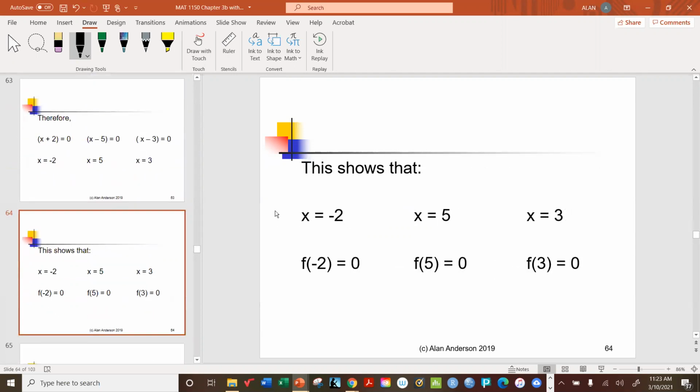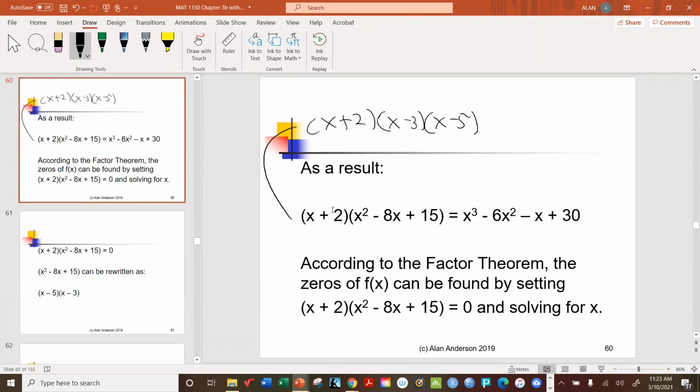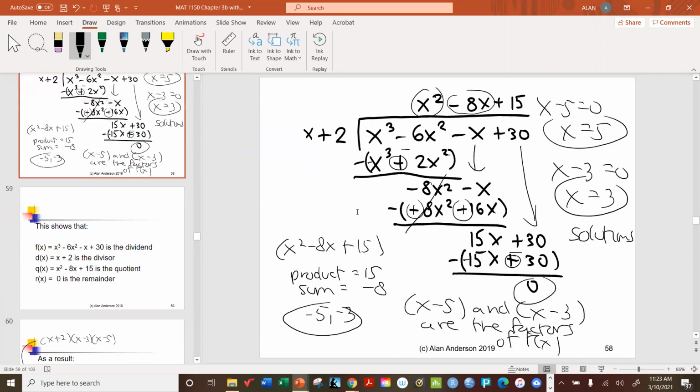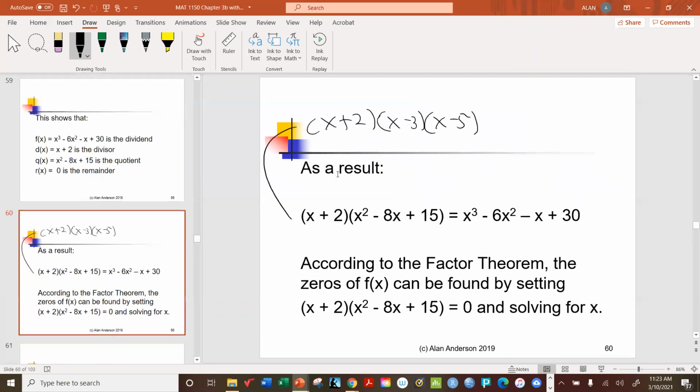What's different now, though, is that we have a cubic equation, which means in order to use the factoring technique we had before, we needed to find some way to split it up into something smaller. In other words, by doing this division, we're able to reduce this to a quadratic equation or quadratic function, and then it's much easier to find all the factors.